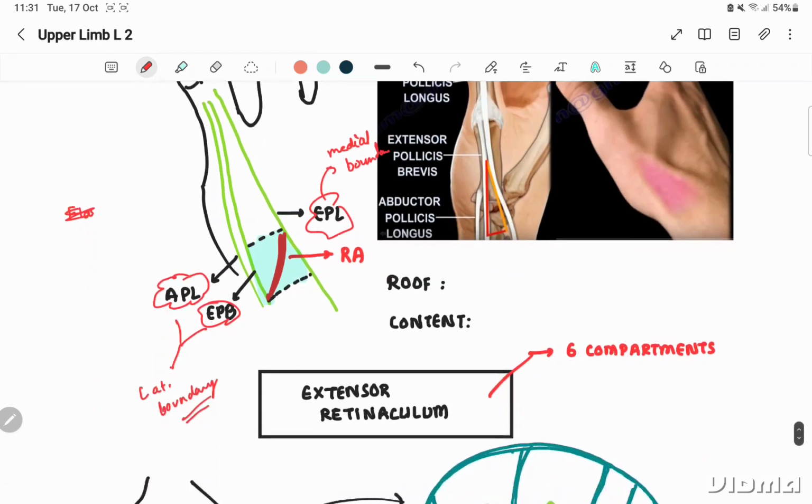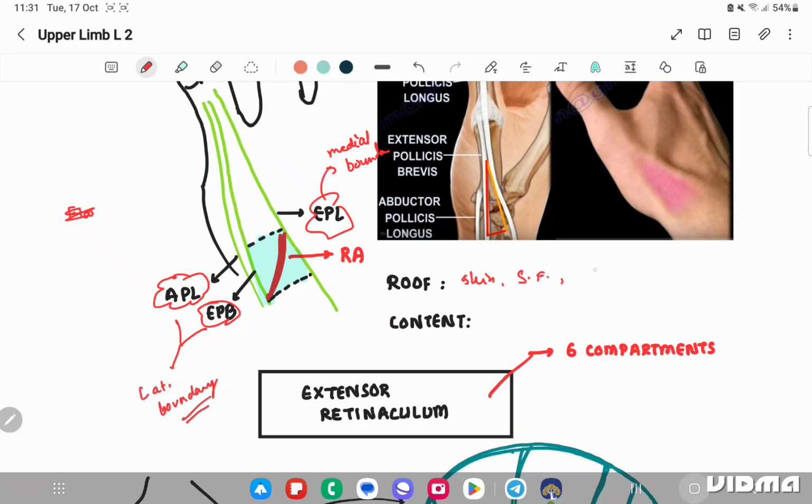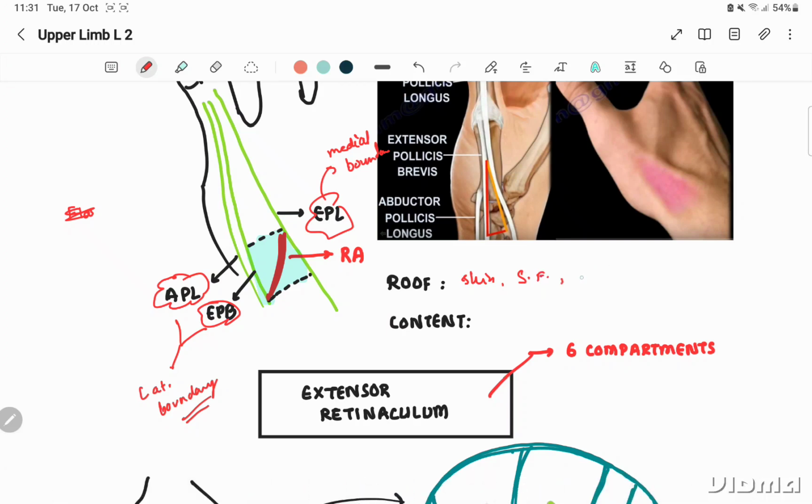Okay, the roof of course will be formed by the skin and the superficial fascia. Another thing which I want to say is the cephalic vein. The cephalic vein also forms its roof, and the superficial branch of the radial nerve.